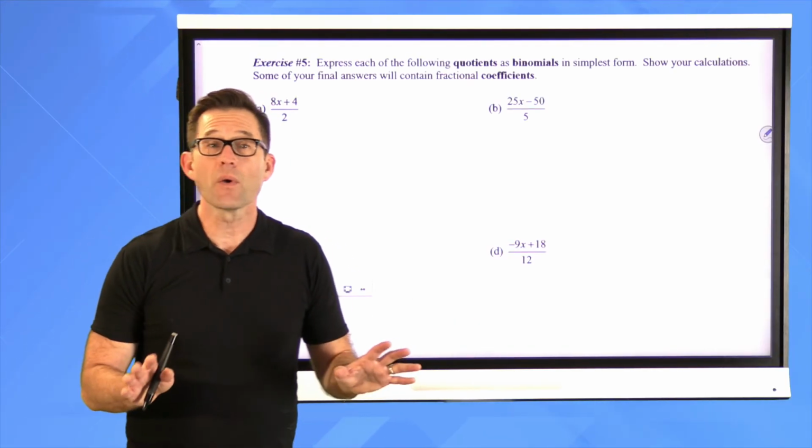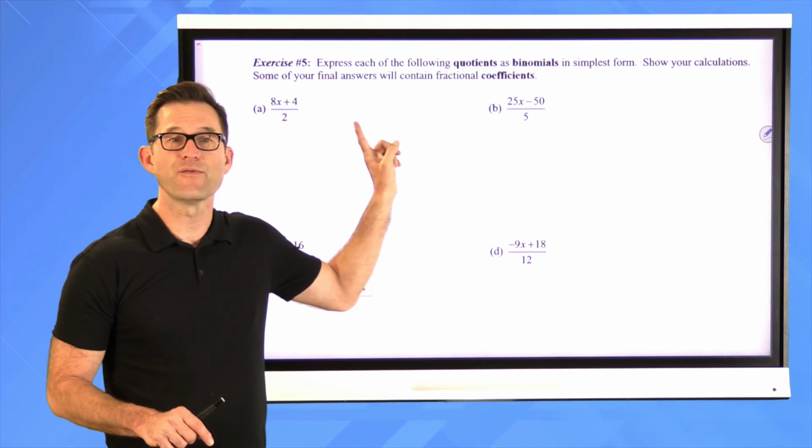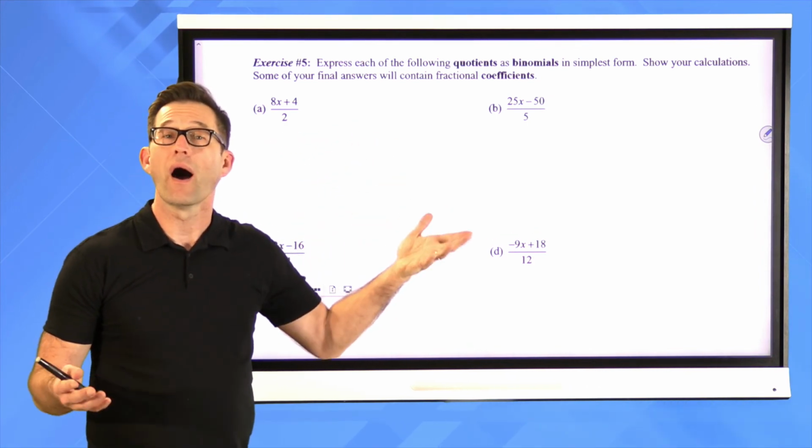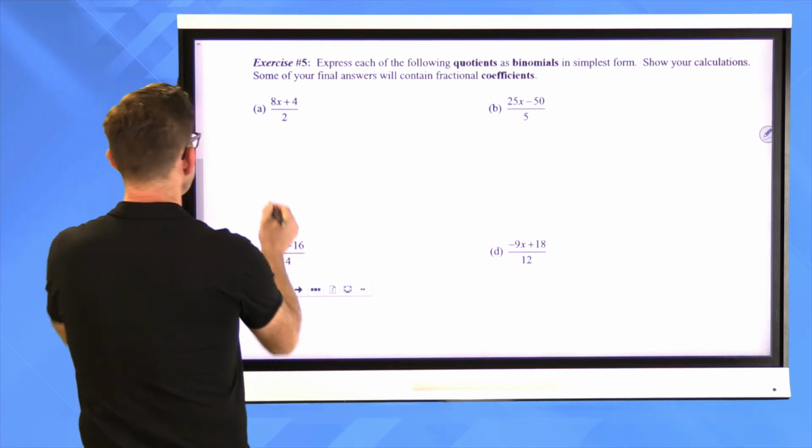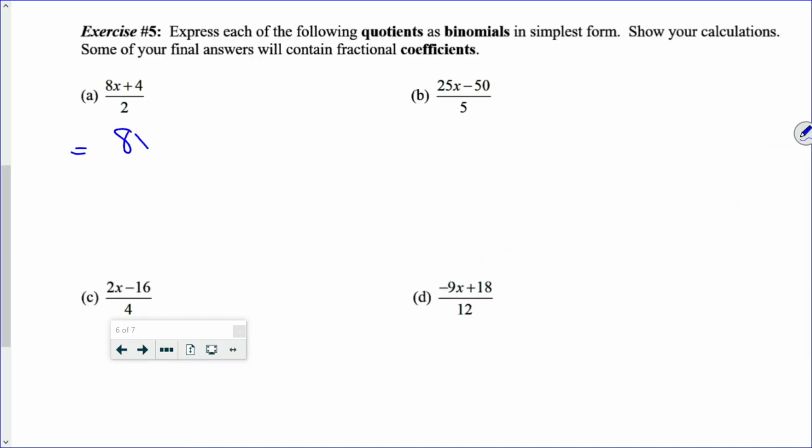So this is what we're getting at, right? If I have 8x plus 4 all divided by 2, I can rewrite that as 8x divided by 2 plus 4 divided by 2. I can furthermore think about this as 8 divided by 2 times x plus 4 divided by 2.